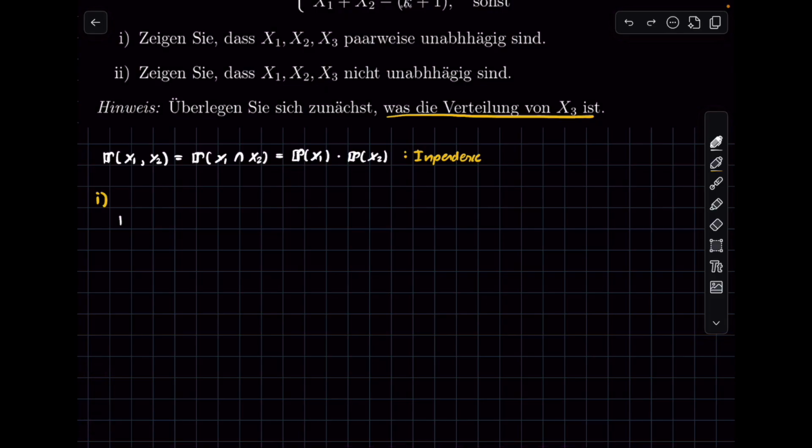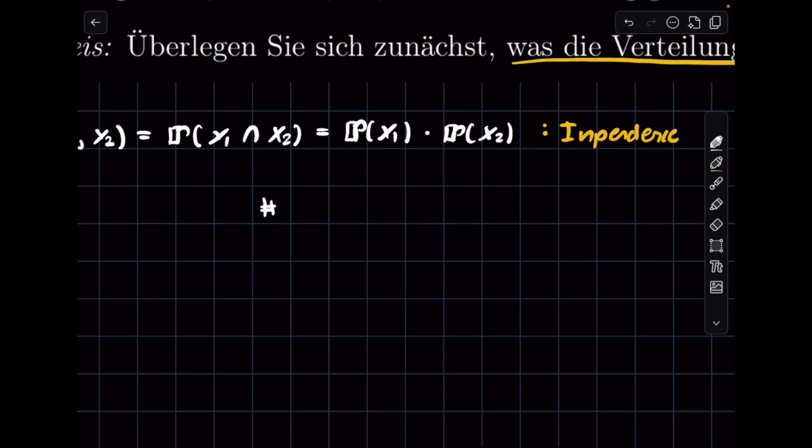Meaning it's like a die, right? If we have a die with 6 faces, what's the probability of us getting the number 1? Well, it's 1 over 6, right? So it's basically the number of valid cases that we want over the number of possible cases.